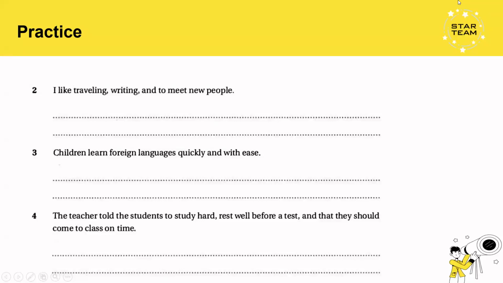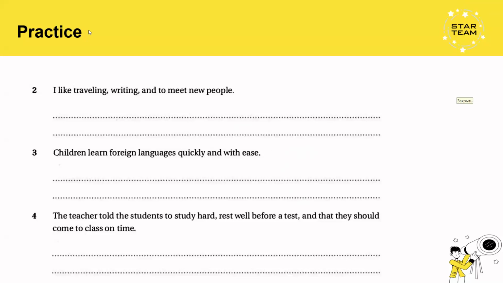Okay. I like to travel, to write, and to meet new people. Very well done. Or you can use ing, yes. I like traveling, I like writing, and I like meeting new people. Both are correct, actually. Alina, very well done.